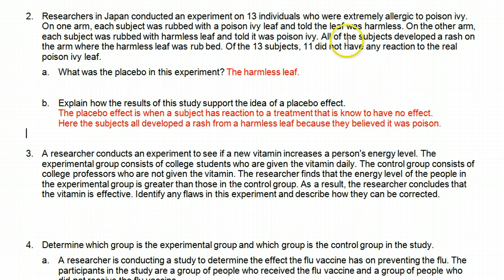And plus, these individuals were all extremely allergic to poison ivy. So the fact that most of them did not have any reaction to the real poison ivy, simply because they were told that it wasn't poison ivy, that also is evidence of the placebo effect.